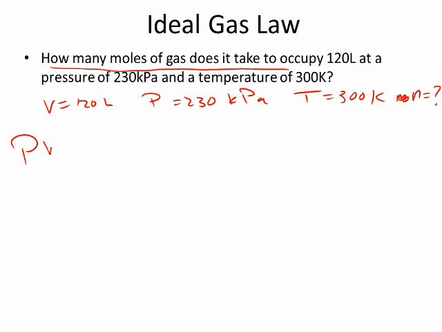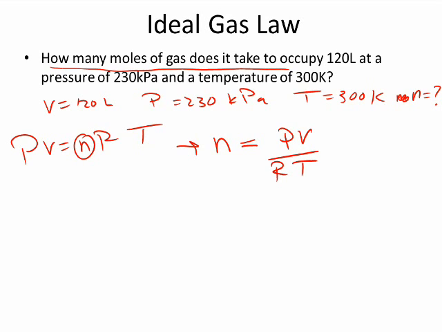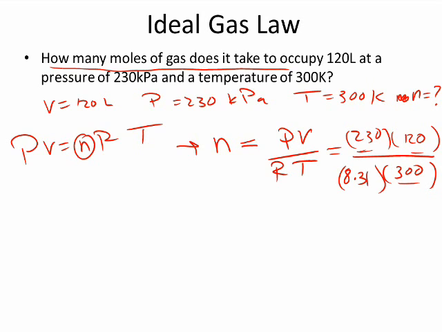We're going to look at our PV equals nRT, the ideal gas law. We're solving for moles, so moles will just equal PV over RT. And we just plug this in. So we have P, V, T. Now R is 8.31. We just multiply that out.